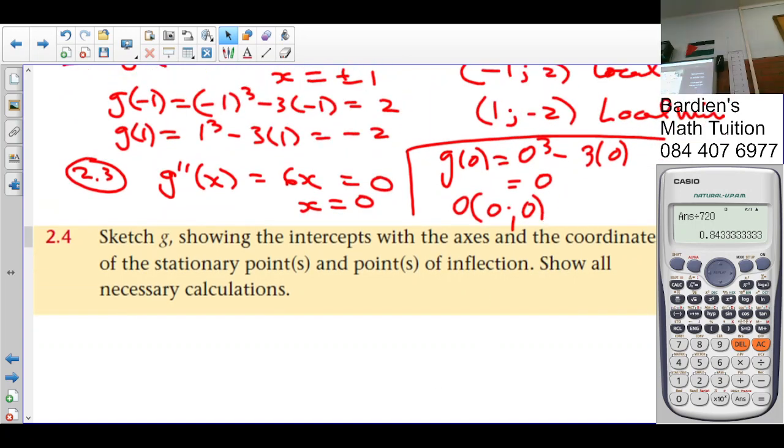And of course the video again. Okay, so sketch the graph.